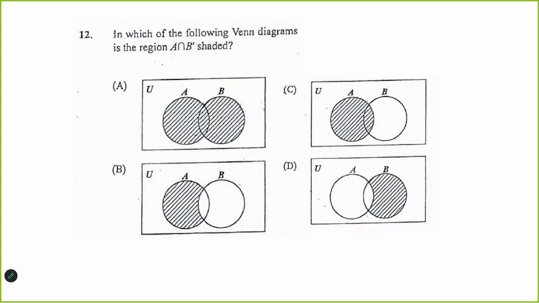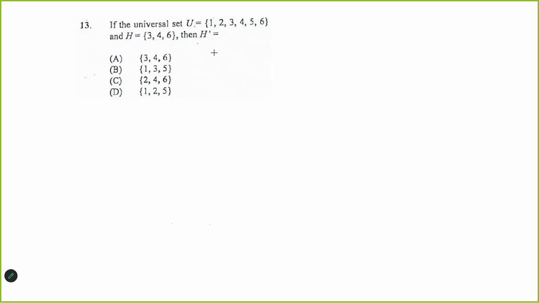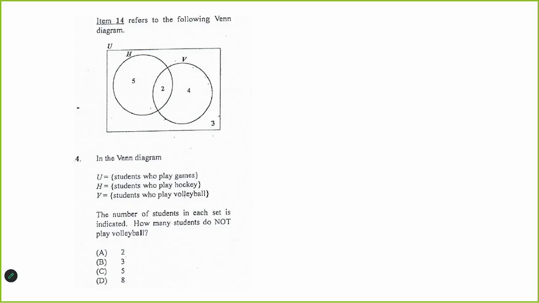This one here is everything outside of the intersection, so everything outside of the intersection of B, that would be C. H complement is everything outside of H, which is 1, 2, 5, sorry, not 4. This one here, indicate how many students do not play volleyball. That would be 5, and this 3 here, 5 and 3 is 8.